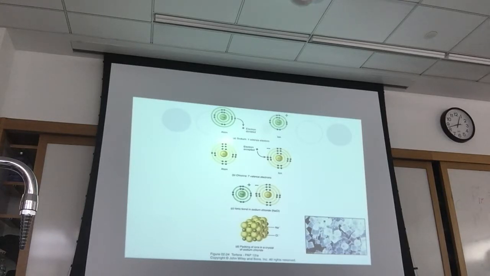There's no sharing. It's only a donation and an acceptance. You could have chlorine covalently bonded to hydrogen, right? Where you'd have a sharing of electrons through both chlorine and hydrogen, and that would be a covalent bond. But chlorine and sodium, the bond between those is ionic.